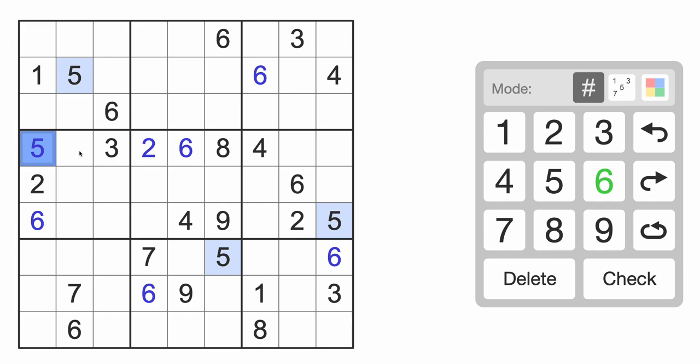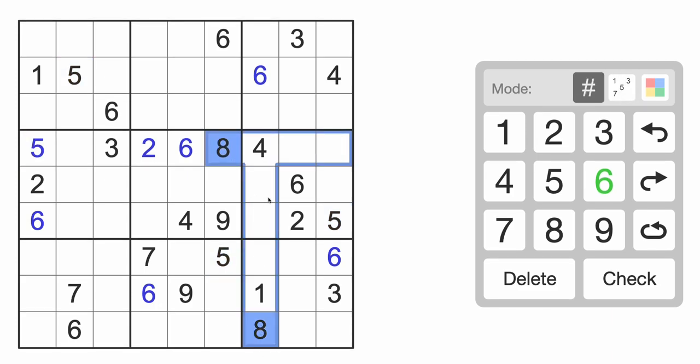Okay. What am I missing? 3. No. Oh, I can place 8 in box 6.